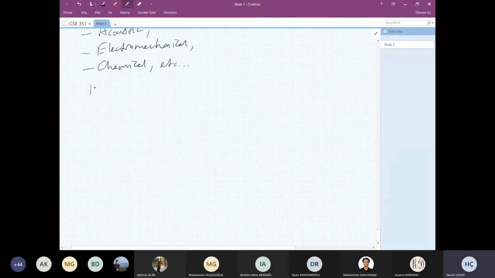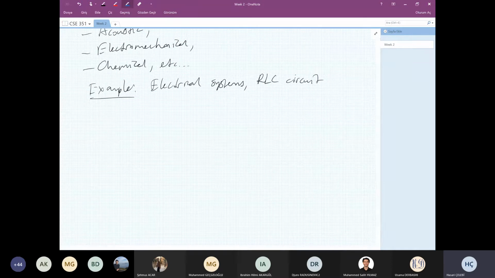So I'm going to give an example from electrical engineering. An electrical system, which is very popular, the RLC circuit. Earlier it was LR, now it is an RLC circuit.